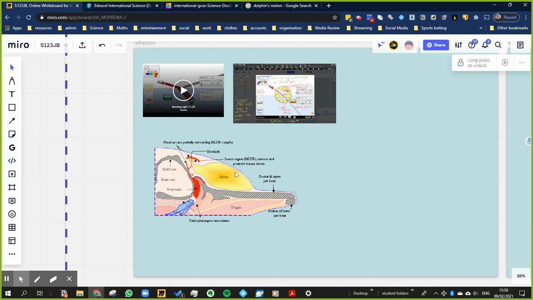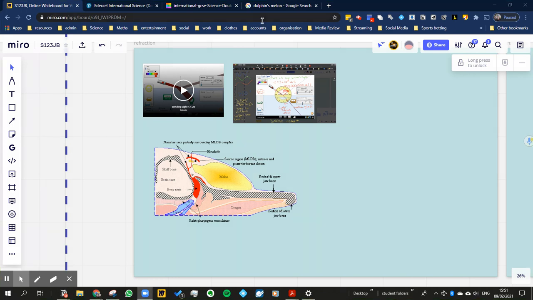And so the lens in our eye focuses light by bringing everything towards the normal, then away from the normal, and then it focuses it together using refraction. We're refracting light. This dolphin's refracting sound waves, so it uses the same thing. Okay, I'll just stop that video there.